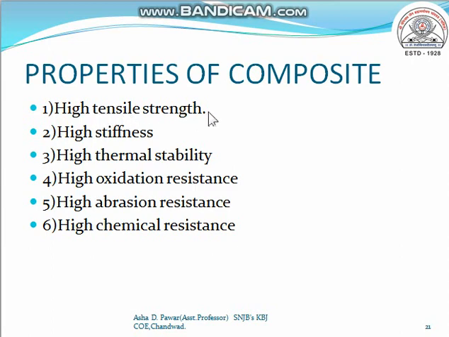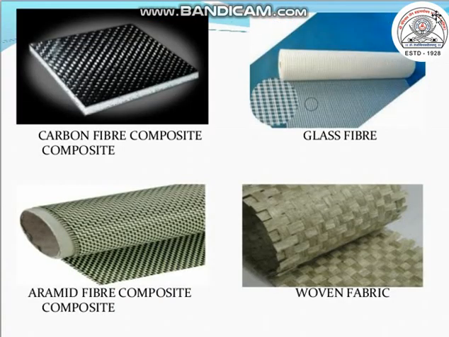Most commonly, it has higher tensile strength, high stiffness, high thermal stability, high oxidation resistance, high abrasion, that is scratch resistance, and high chemical resistance. These are the important properties of any polymer composite. So these are the diagrams of some composite materials.